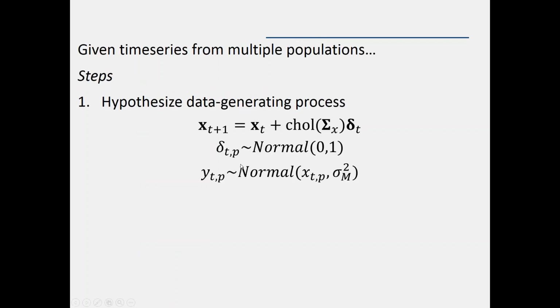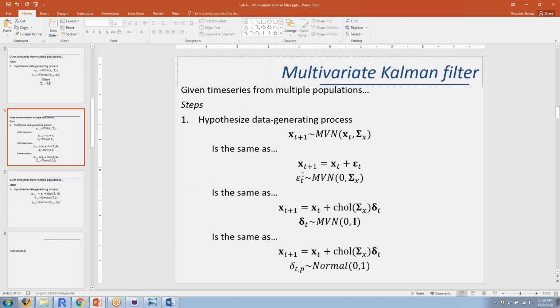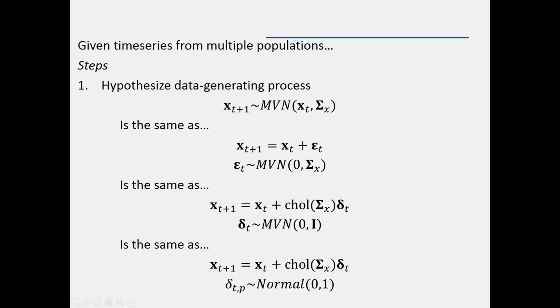This should be vector notation: epsilon is multivariate normal with variance epsilon, and we replace it with delta, a multivariate normal of IID standard normal draws, and then multiply by the Cholesky to get what was epsilon. So what's interpretable is the epsilon, the process error, and the delta is just a construct to get us there.